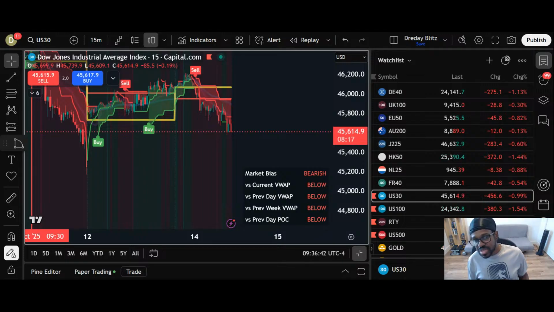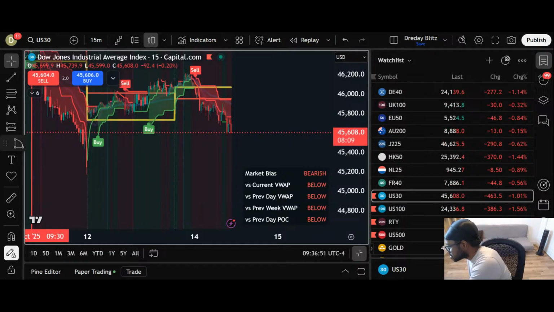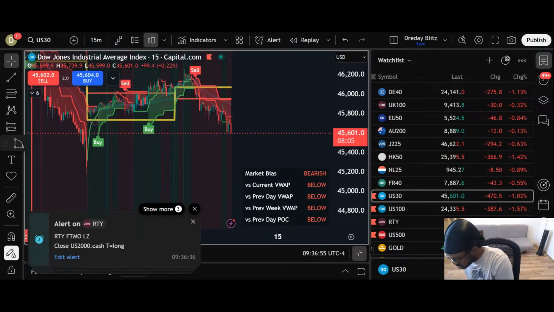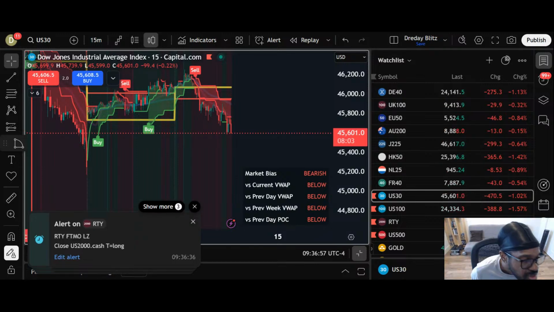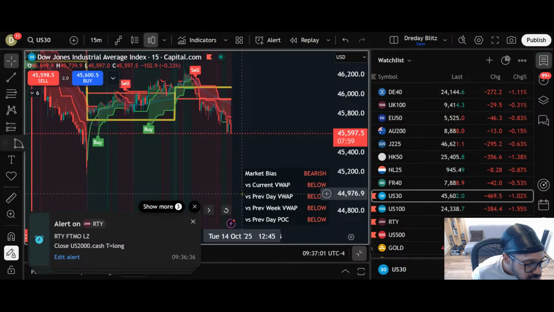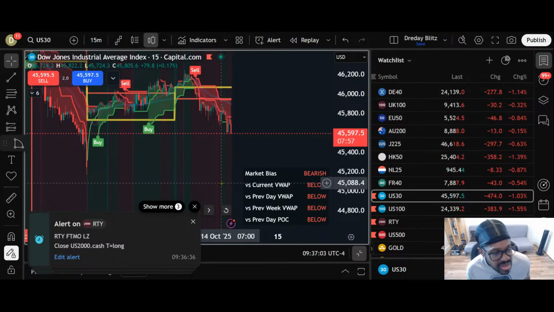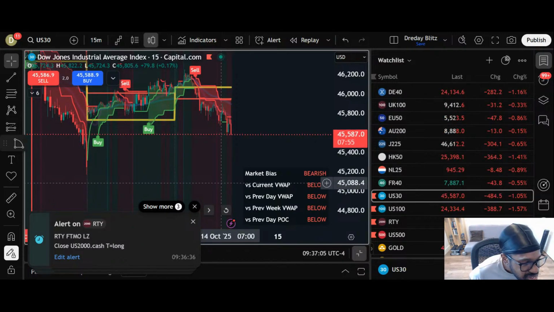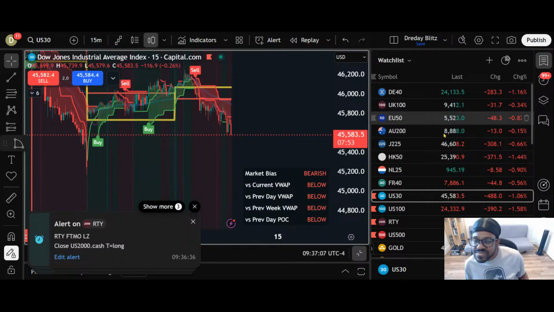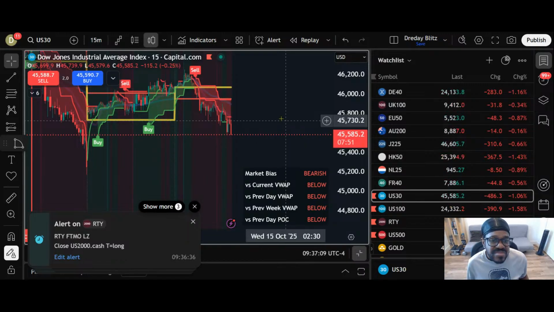So Russell 2000 is a sell also. Sell RTY at price 2,427.4 on 15 AM time frame at time 9 hours 36 minutes and 36 seconds.